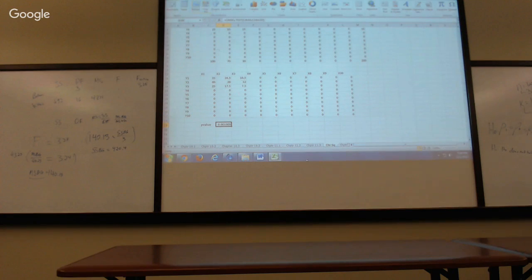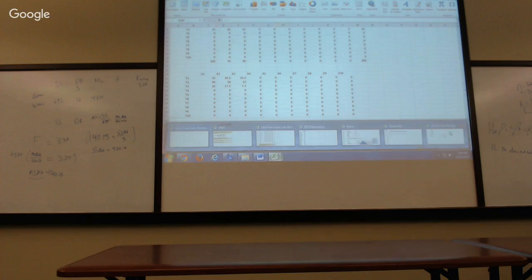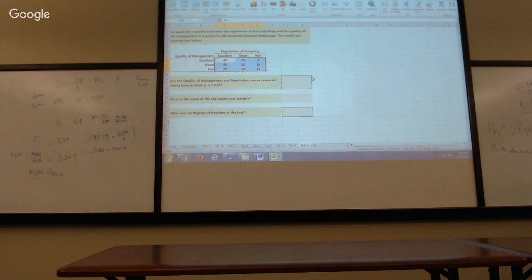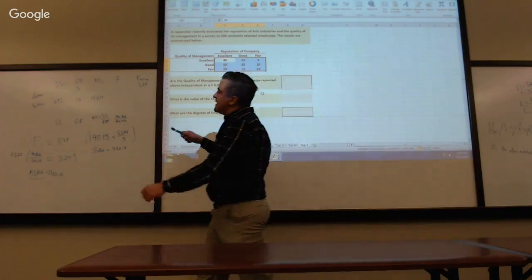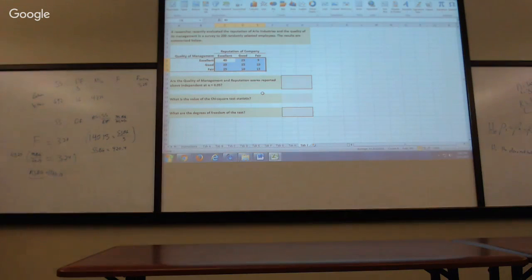So, are the quality of managers and reputation scores reported above independent? We're testing for this independence. We're going to reject this null hypothesis.